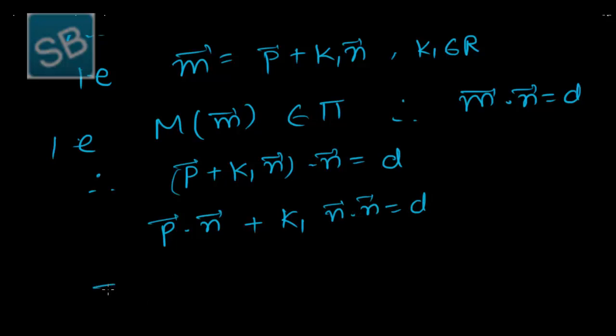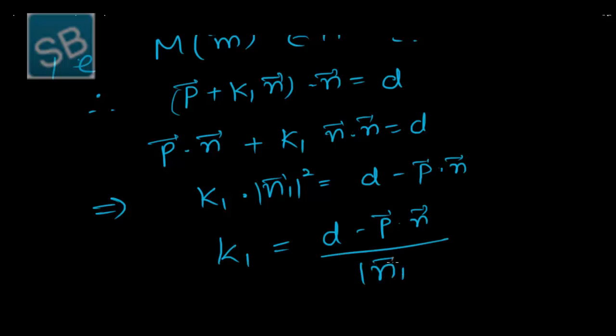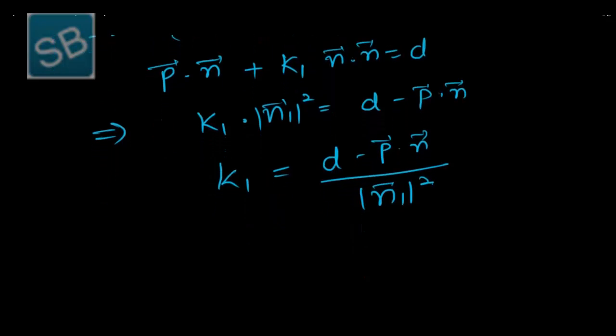So it gives k1 times modulus n squared, as the angle between n and n is 0, so cos 0 is 1. So it becomes k1 modulus n squared is equal to d minus p dot n. So from here we get k1 is equal to (d minus p dot n) over modulus n squared, as this is the value of k1.